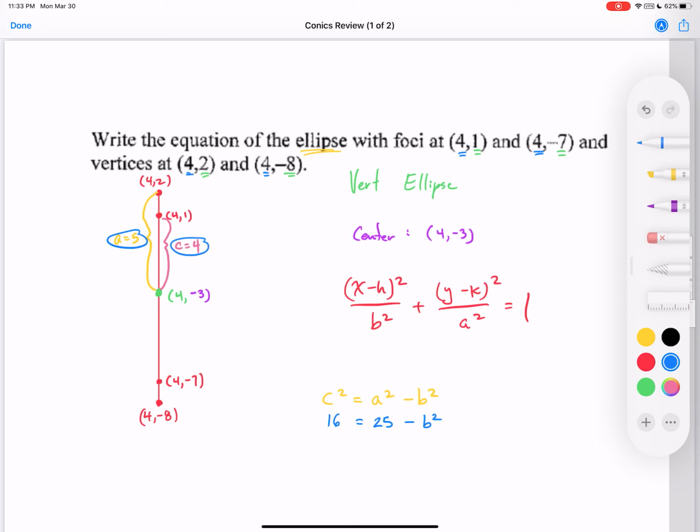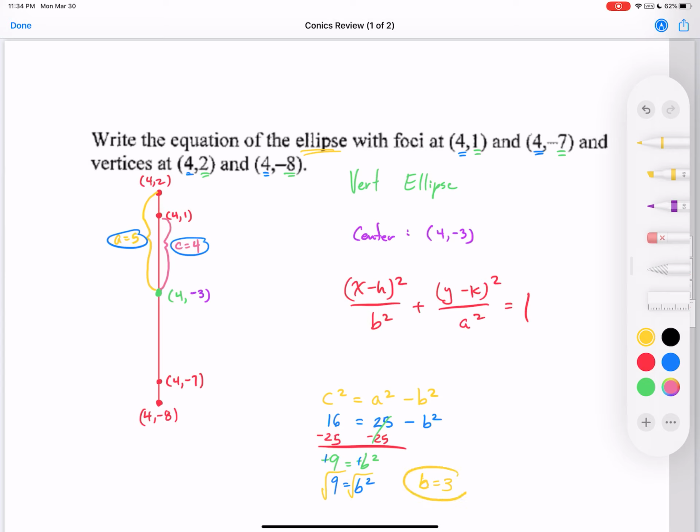So we just need to do the math here. I subtract 25 on both sides. The 25s cancel each other out, leaving us with -9 equals negative b squared. We could divide by -1, or just cancel out the negatives, and make this 9 equals b squared. That means we just need to square root them, so b is equal to 3. I'm messing up here. All right, so b is equal to 3.